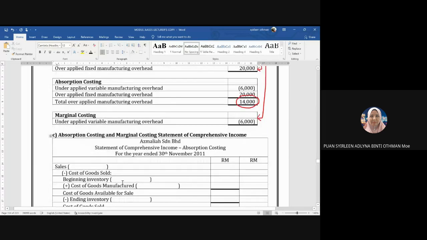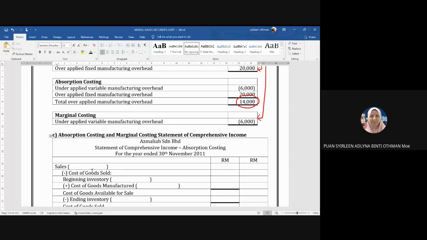Okay, alright, sales unit kita. Dalam soalan, your sales unit ialah 17,000. Harga jual untuk satu unit ialah RM100.